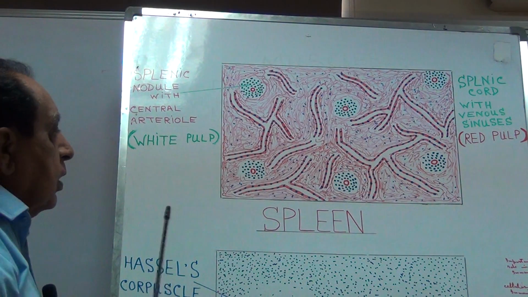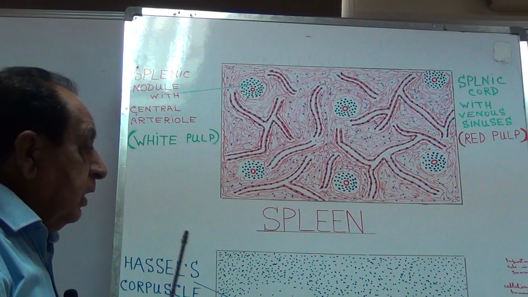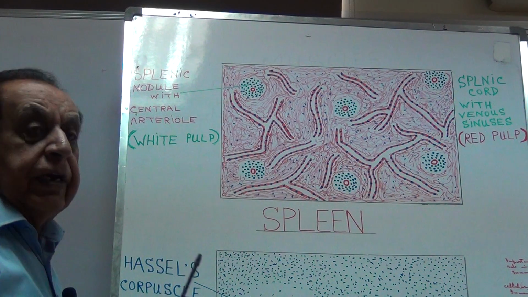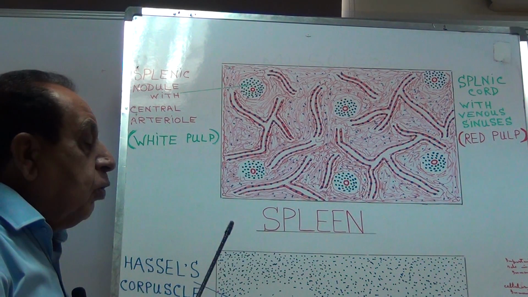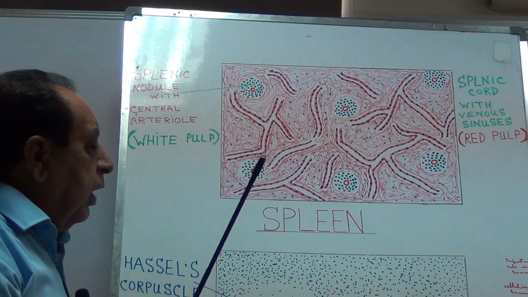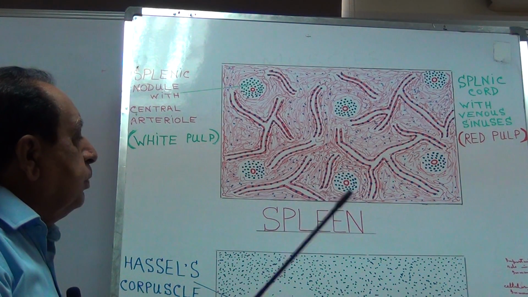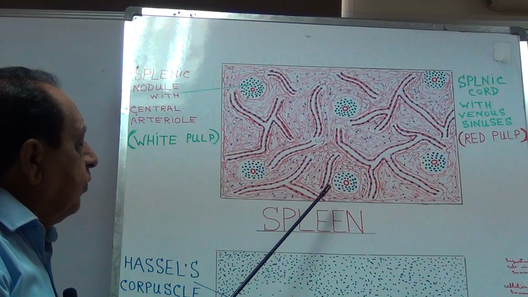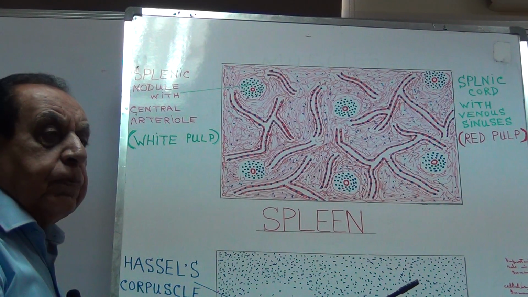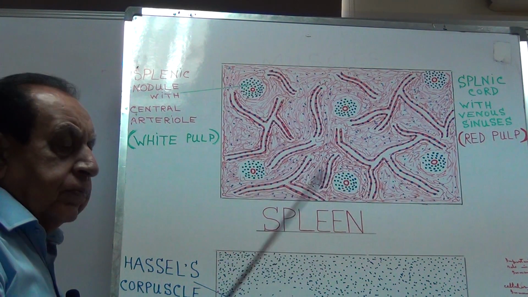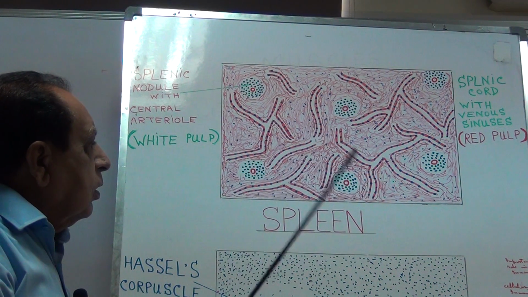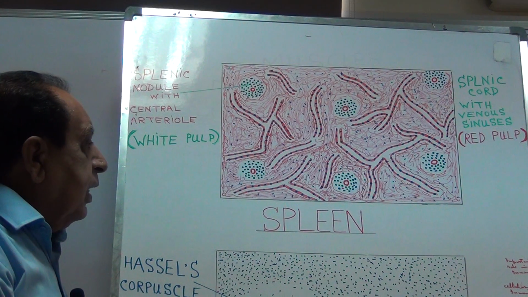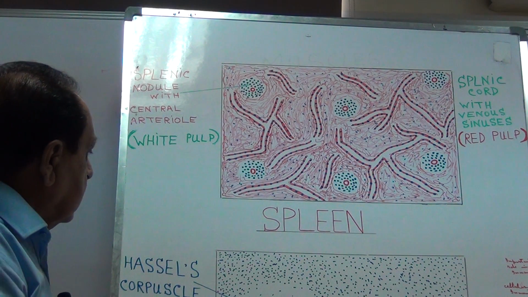Now, the splenic artery enters the spleen at the hilus, then it further divides into branches, and these branches first enter into the white pulp area. After reaching the septa, they pass to the white pulp.